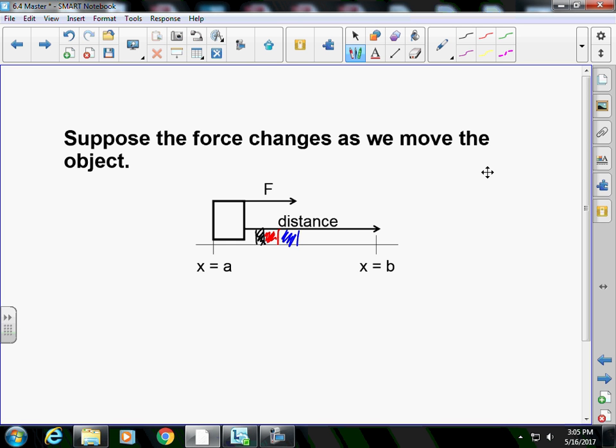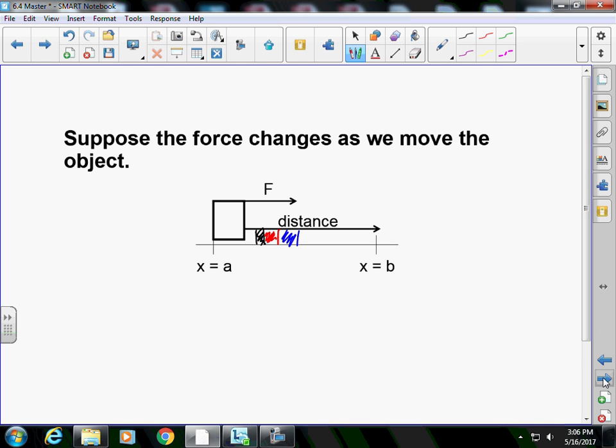I want to integrate this stuff, from a to b. Since force is changing, it's not consistent. It's going to change over the distance. I might hit a rough spot, or for whatever reason there's more resistance in moving this, or I may be able to move it faster for whatever reason.